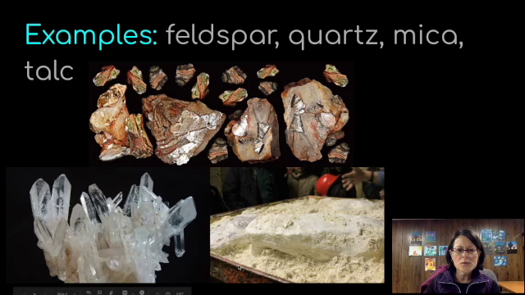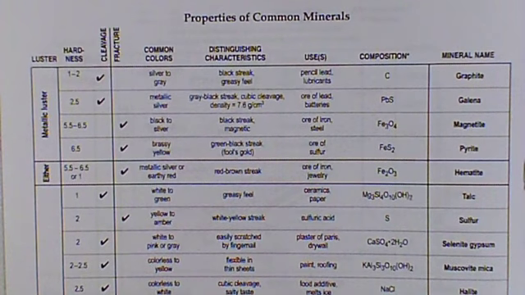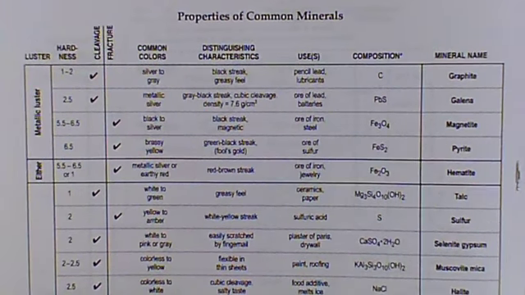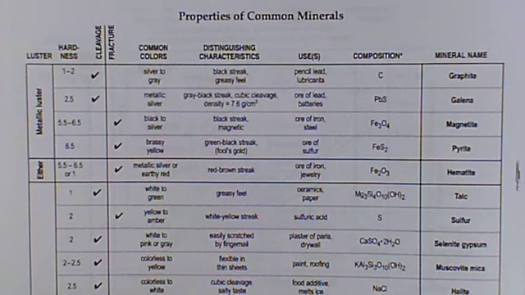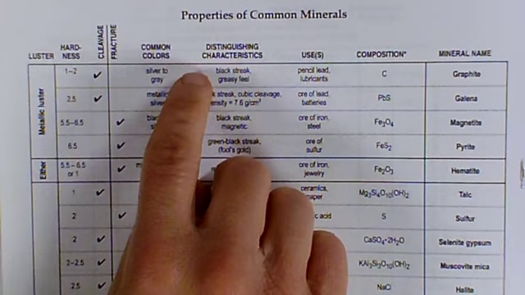And I'm going to switch my camera to show you in your earth science reference tables where you can find some of these minerals. So I switched my camera here, and these minerals, remember, we're looking for silicon and oxygen, and this is on the last page of your reference tables.